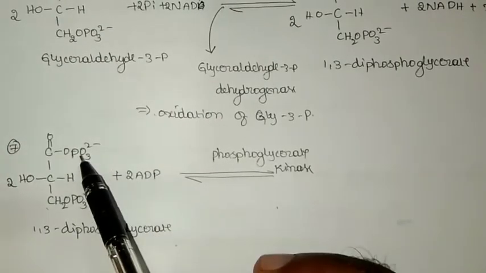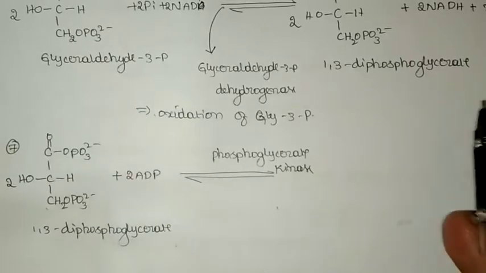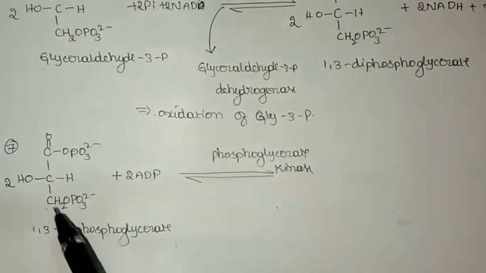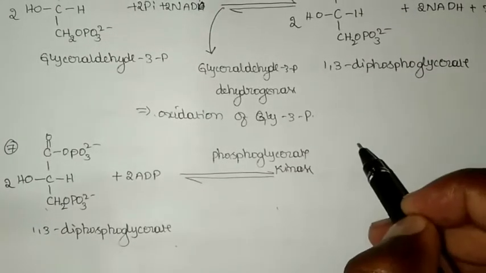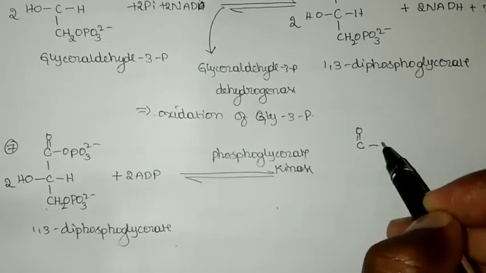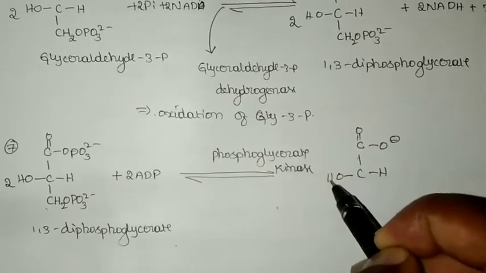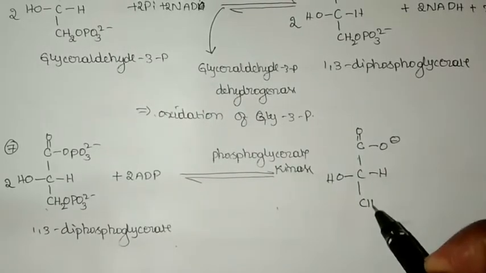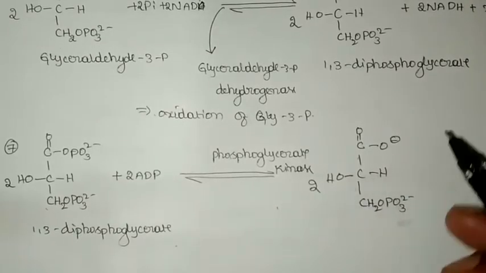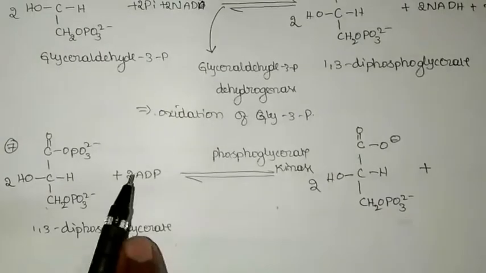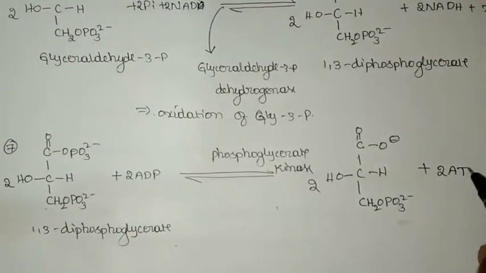Each ADP molecule will receive one phosphate unit from the first position, and that converts into ATP, and this will change into 3-phosphoglycerate that we shall write. So here the first position will remain in the form of ester, and the second position will carry H and OH, and the third position will remain with CH2OPO3 2 minus. As a whole we are having two molecules, and these two ADP molecules will convert into 2 ATP.